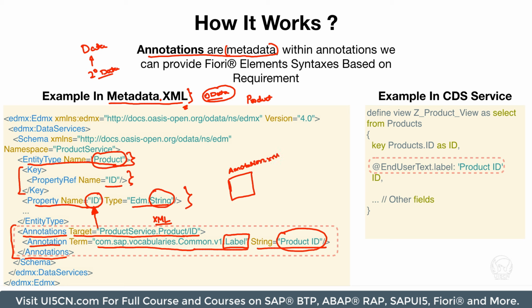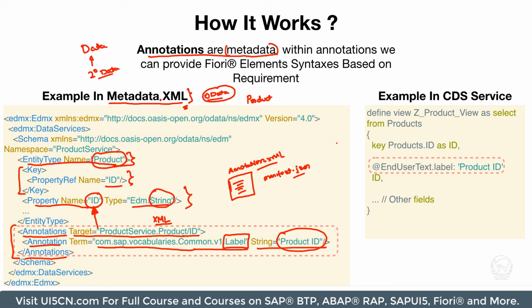Similar to this annotation, we can have multiple other annotations, and these are provided in a single separate file, which is linked to the application. This linking is done with the information provided in our manifest.json file, which we discussed in the last step.